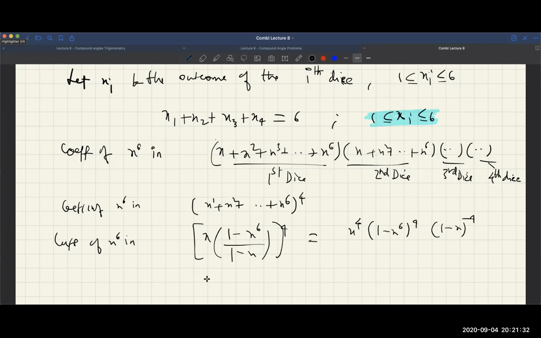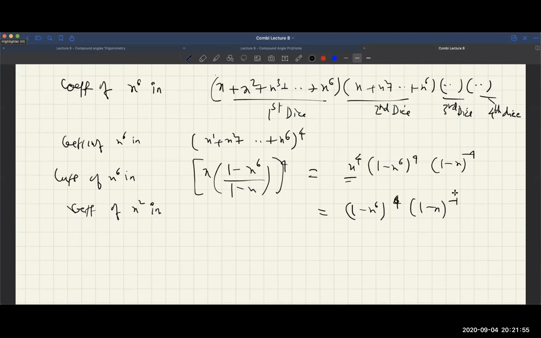If I simplify everything and balance on both sides, it is the coefficient of x square in the expression 1 minus x raised to 6 the whole raised to 4 into 1 minus x raised to minus 4. Okay, I hope this is very clear, guys, to all of you.